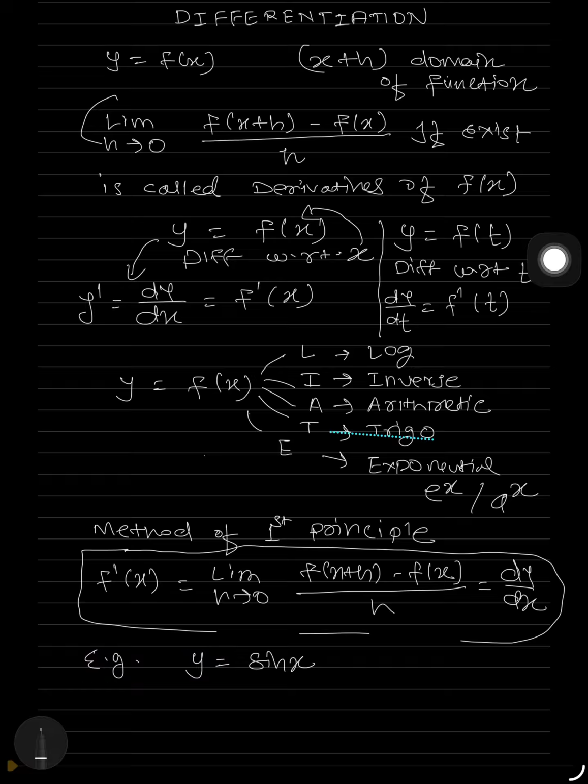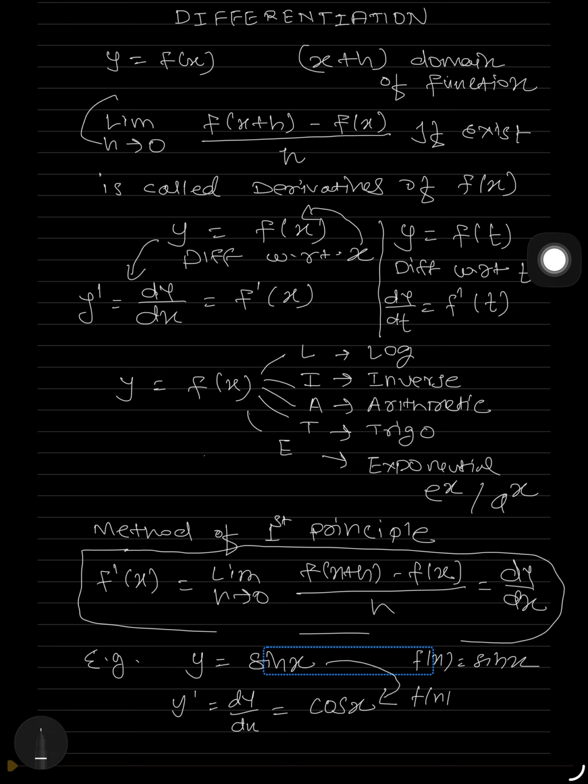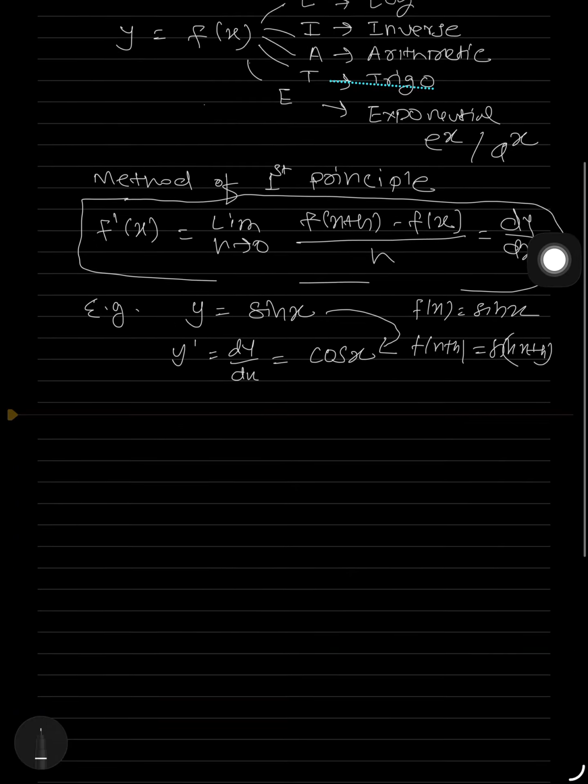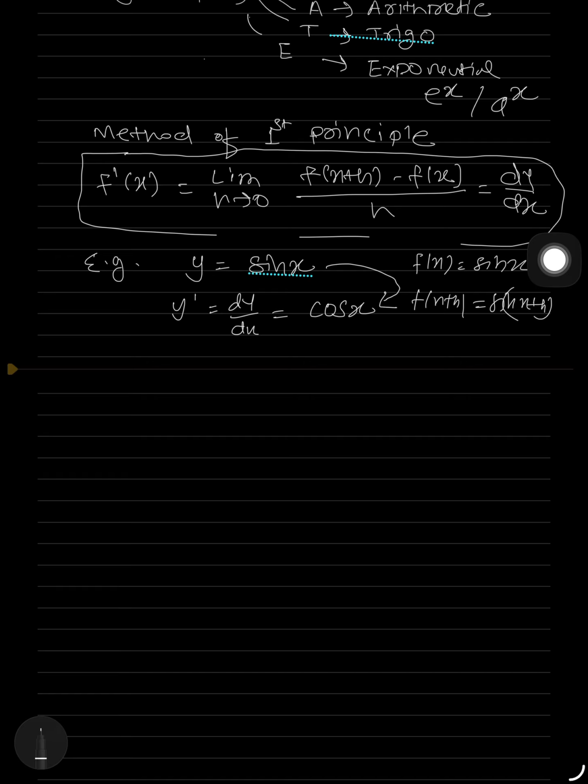If you want to find the derivative of the sine function, the formula says that y dash, or dy by dx, is equal to cos x. So where does it come from? The derivative of sin x is cos x. We have to solve this by substituting f of x equal to sin x and f of x plus h equal to sin of x plus h, and then the answer will come as cos x.